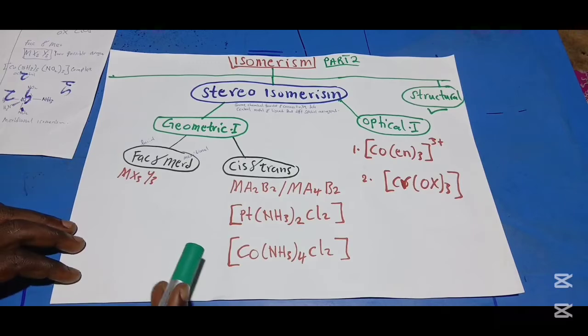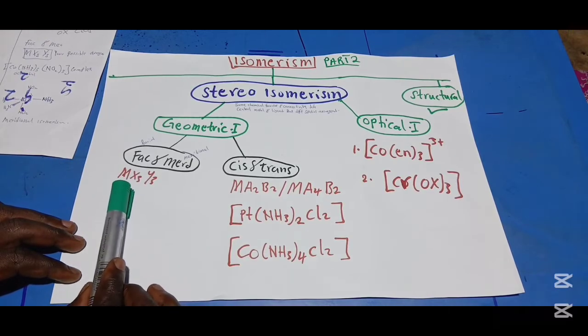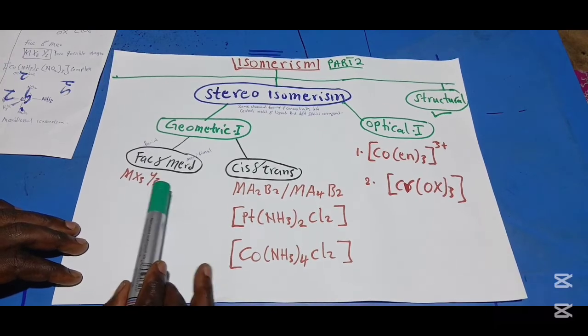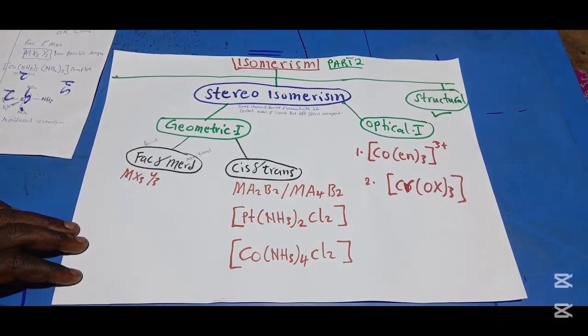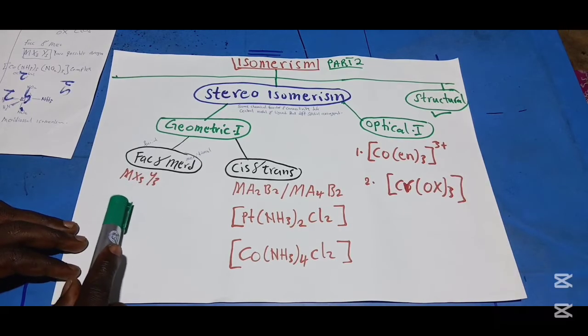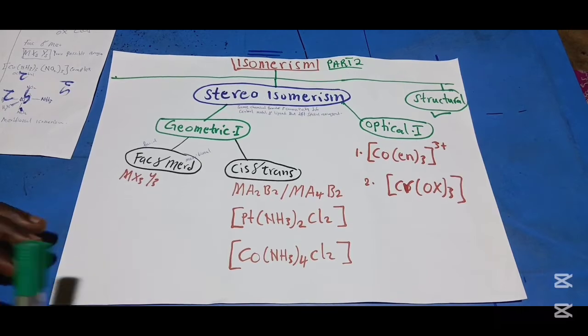If we have a complex that has two kinds of ligands, three of the first ligand and three of the second ligand, then there is a high possibility that this compound is going to exhibit Fac and Mer isomerism under geometric isomerism. Anytime you see a complex in this form, we are definitely going to get Fac and Mer isomerism.